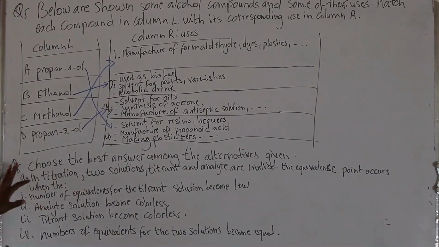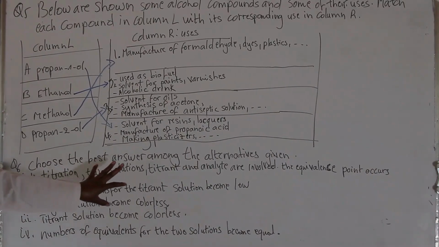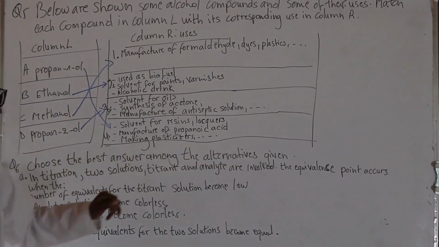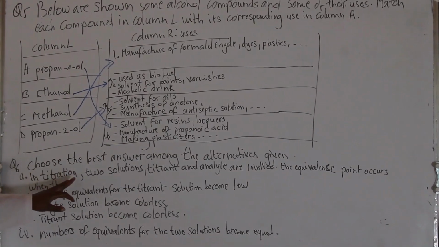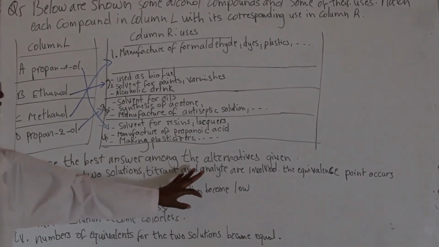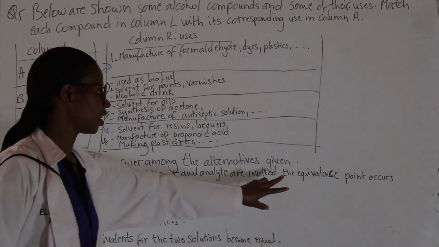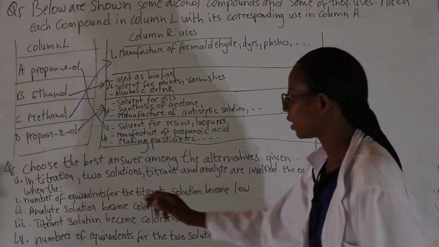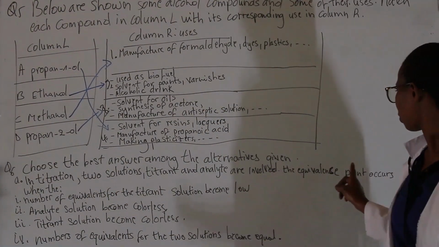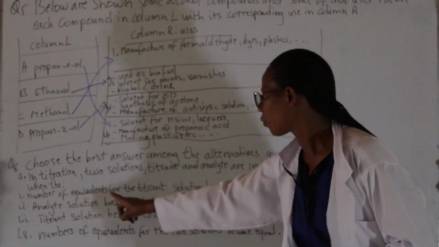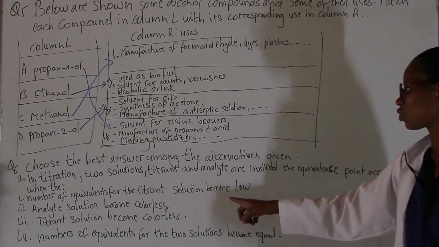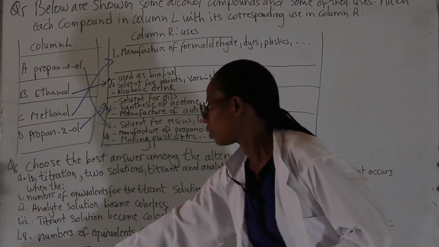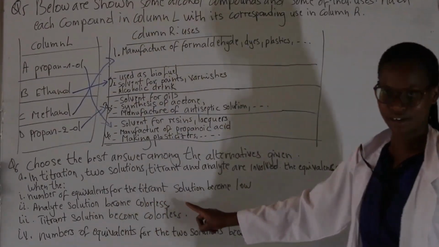Choose the best answer. Let's move to question number 6. Choose the best answer among the alternatives given. In titration, two solutions, titrant and analyte, are involved. The equivalence point occurs when the number of equivalents for the titrant solution becomes. Number 2, analyte solution becomes colorless.